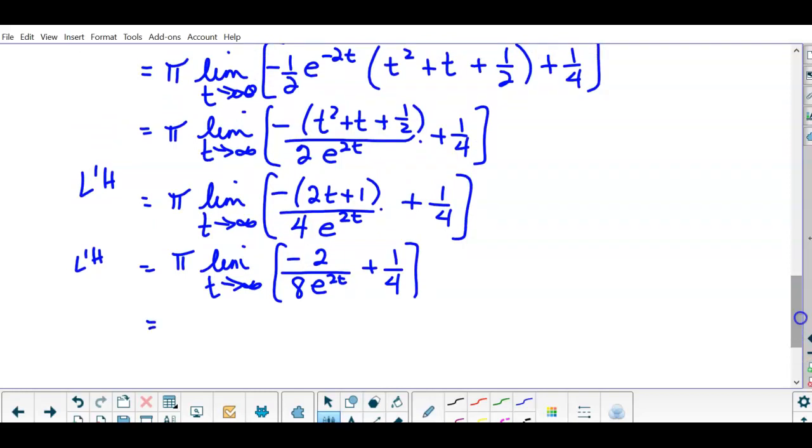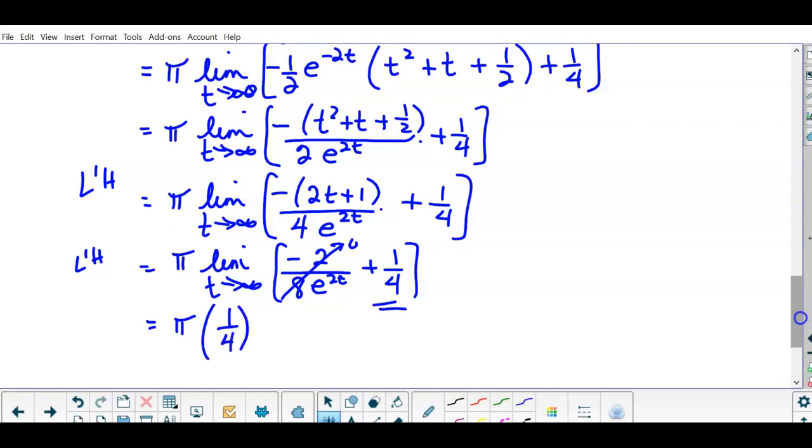So this is going to be pi. This here goes to infinity, so that's going to approach 0. And so really we have 1/4 left.